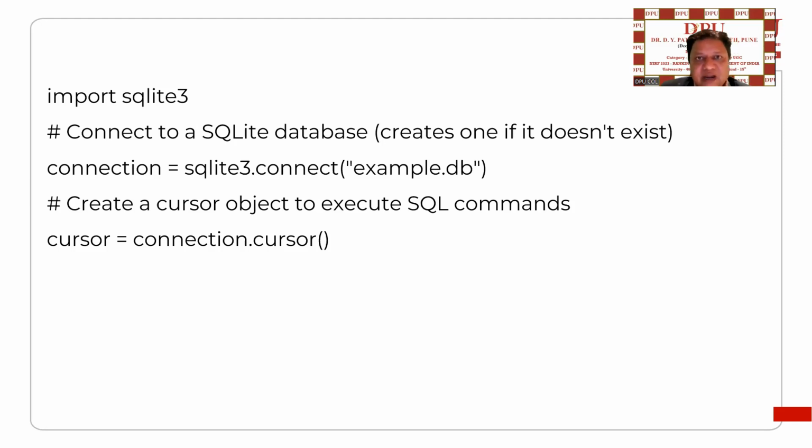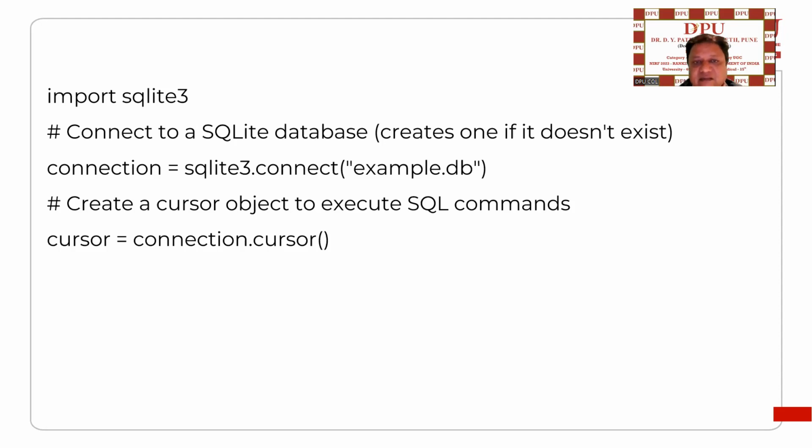I hope you are understanding it. So here I'm creating a database in a way. If this example.db does not exist in the SQLite database, this command will create the example.db database in your current working directory.